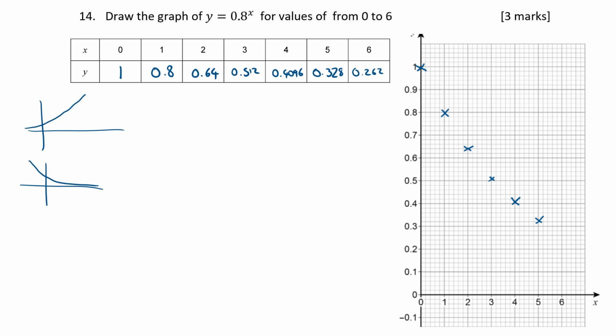And 0.262, about there. You can see they're kind of forming a gentle curve. I'm going to join these all up with a smooth curve passing through each of my points. It looks a bit like what I was expecting, so I'm quite happy with that. They're all lying in a curved shape, so I think we're done.